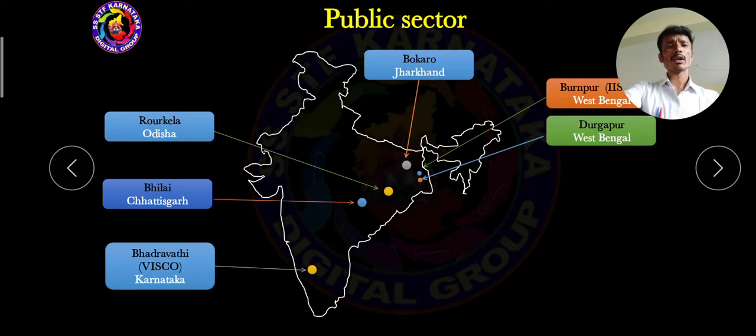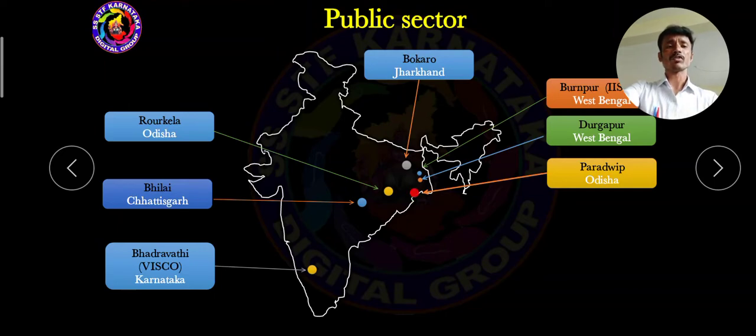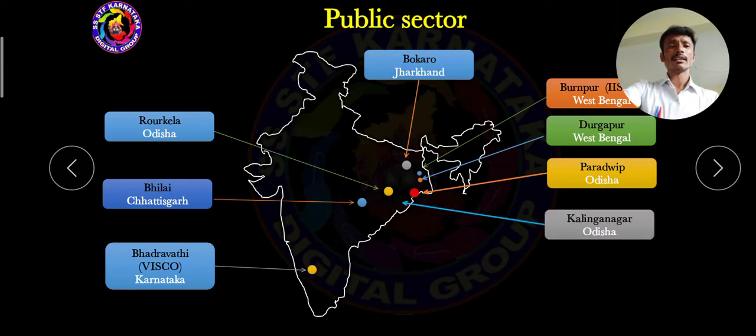Durgapur also belongs to the West Bengal public sector. Then Paradip, Odisha, also a public sector. Then Kalinganagar, Odisha, also called Kalinga. Between Ashoka and Kalinga there was the greatest Kalinga battle in those days. So Kalinganagar belongs to Odisha.